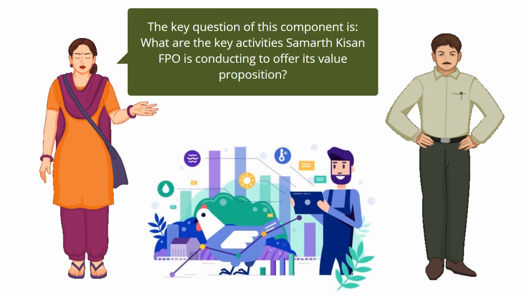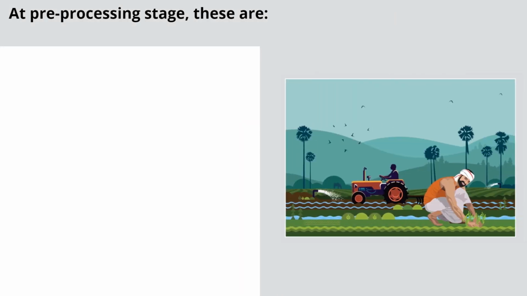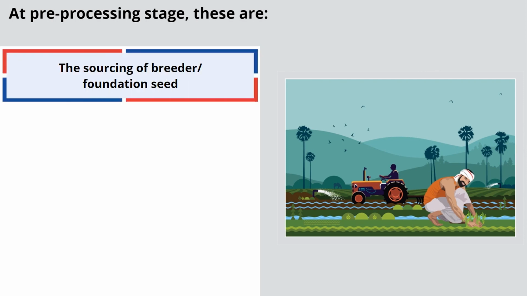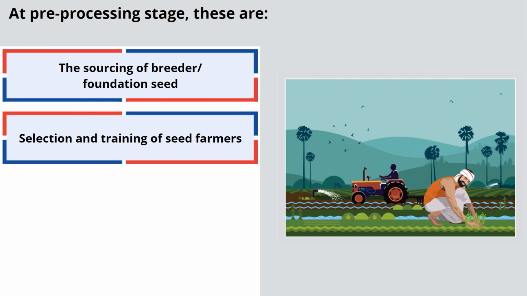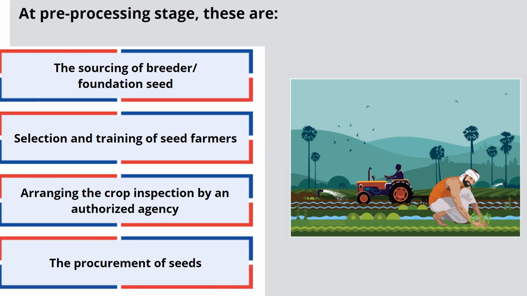The key question of this component is what are the key activities Samarth Kisan FPO is conducting to offer its value proposition? Sarla, the key activities undertaken by Samarth Kisan FPO can be categorized into three stages. At pre-processing stage, these are the sourcing of breeder or foundation seed, selection and training of seed farmers, arranging the crop inspection by an authorized agency, and the procurement of seeds.